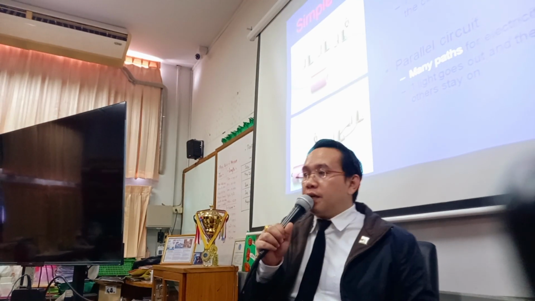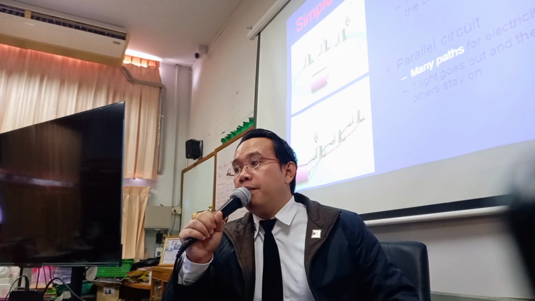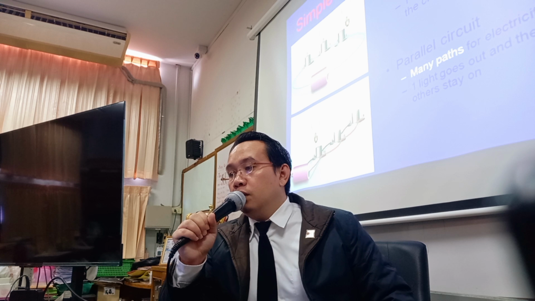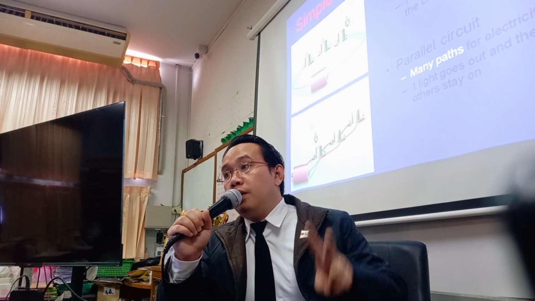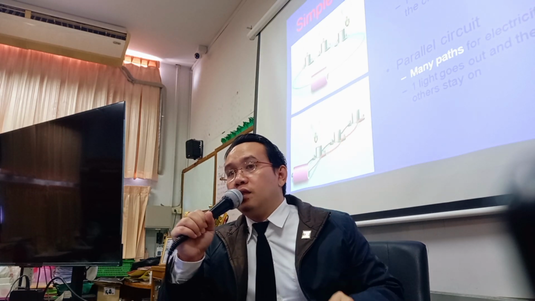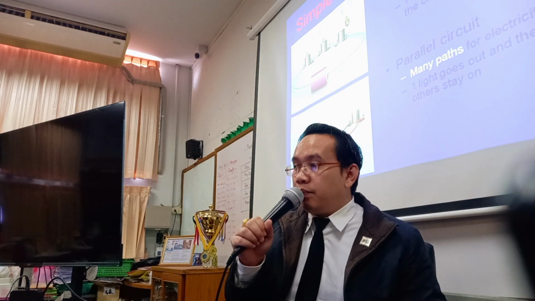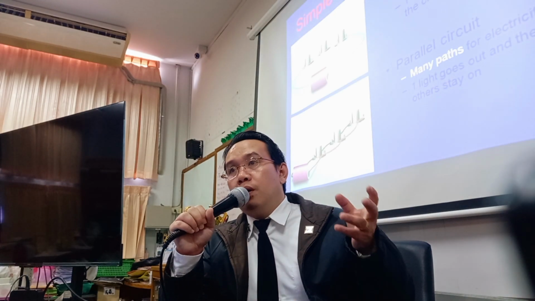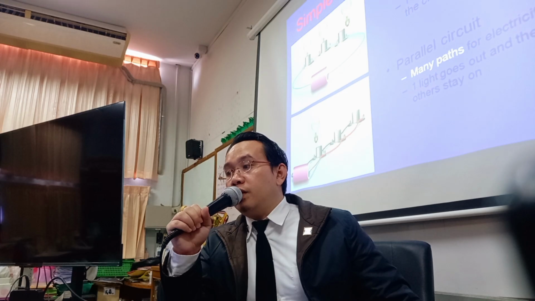A series circuit has all components in a row. One path for electricity, so if one light goes out, the circuit is broken. So a simple circuit has two important types to remember. One, series circuit. Two, parallel circuit. In a parallel circuit, there are many paths for electricity.